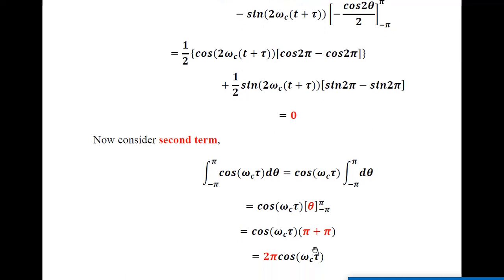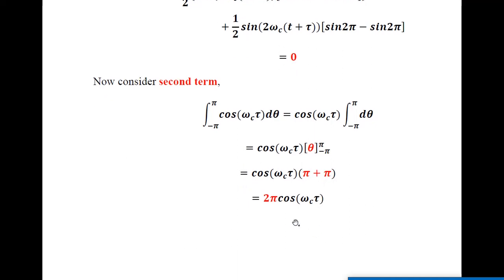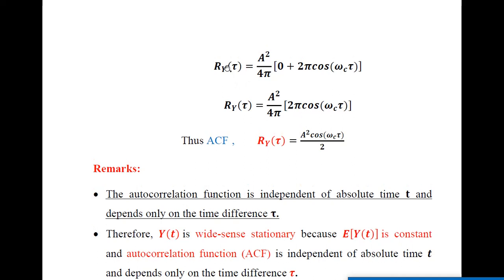Now for the second term, we again have cos omega c tau, and d theta is the only thing left out here. So we integrate and substitute the limits of minus pi and plus pi, resulting in 2 pi. Then 2 pi cos omega c tau is left. So the autocorrelation function, on substitution of the first and second terms, is R_y of tau equal to A square by 4 pi.